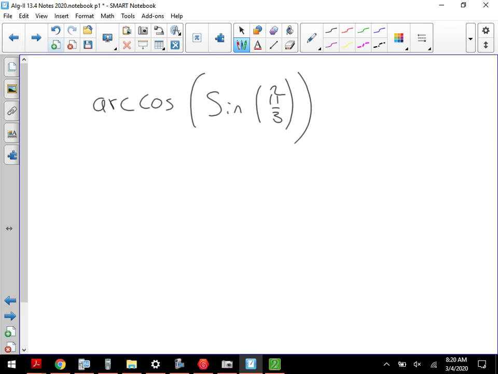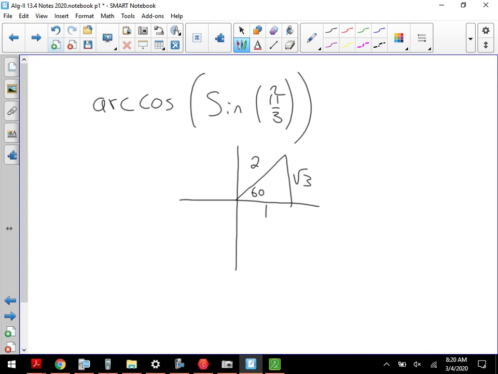So first thing I do is work innermost. What's the sine of pi over 3? Pi over 3 has what for a reference angle? 60. What's opposite the 60? √3. So here's your √3, here's your 2, and here's your 1. So the sine of pi over 3 is √3 over 2.